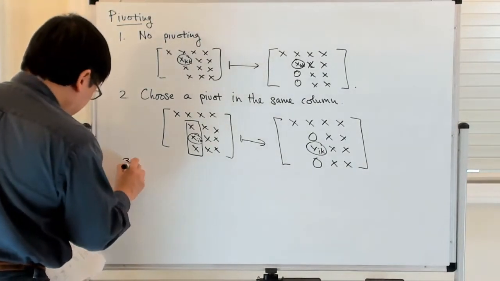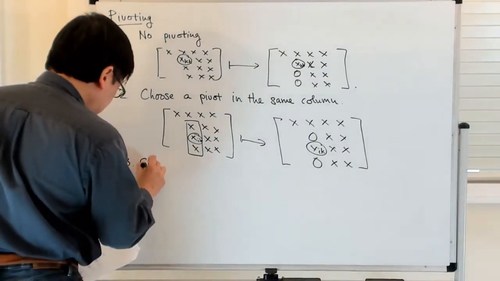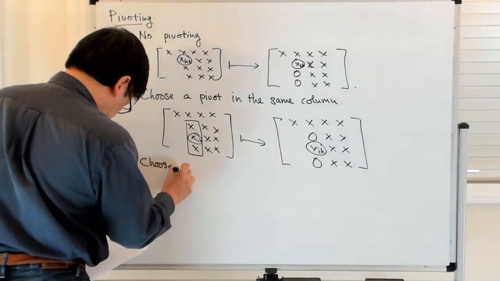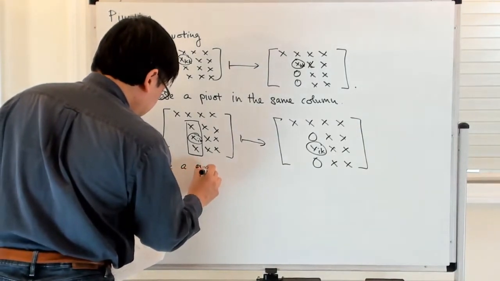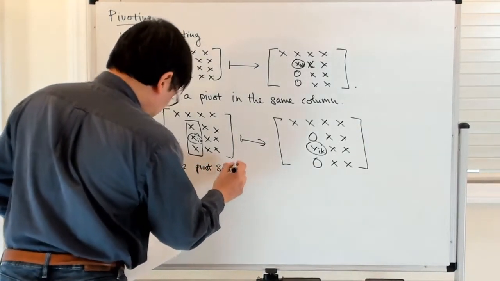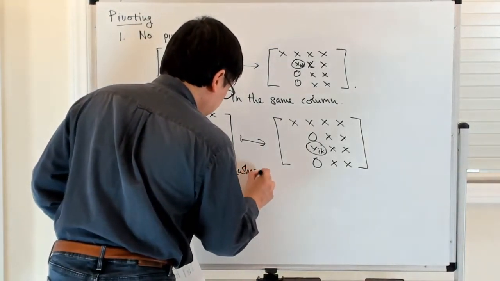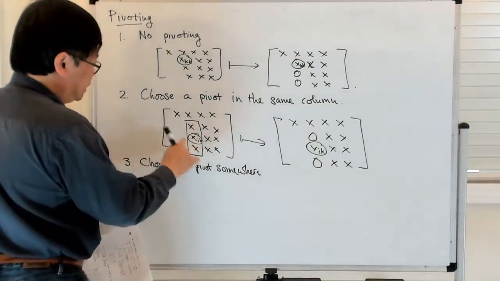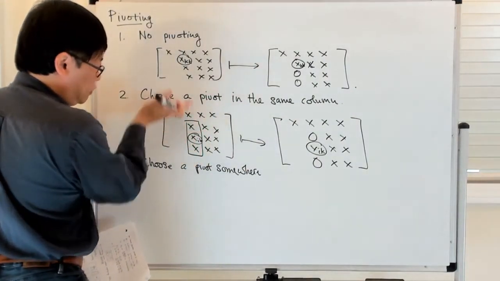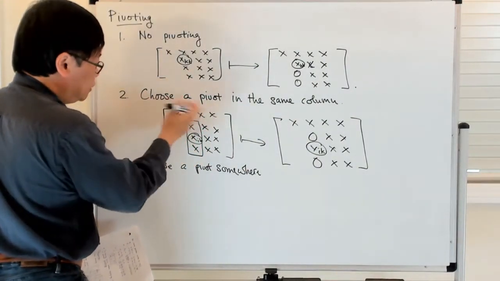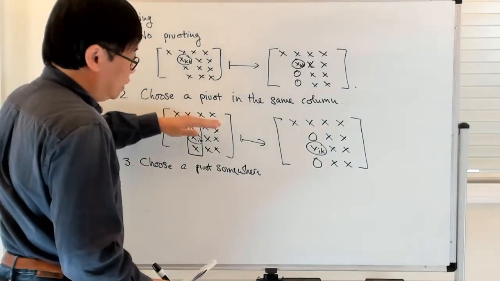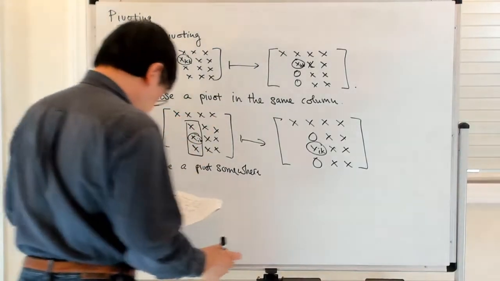And then the third possibility is you choose a pivot somewhere in the submatrix. I should say that when you say the same column, we don't mean the things above that, because those have already been transformed, so you don't want to touch them.